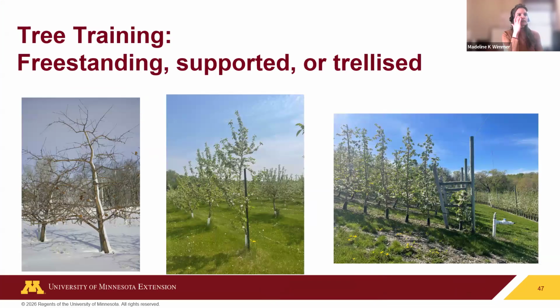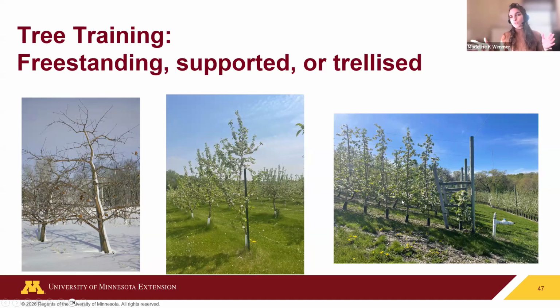And here are again some examples of freestanding trees. Over here on your left, you'll see freestanding trees without any support. Then we have more dwarf-sized trees that are staked, as well as fully trellised trees on what we would call a tall spindle system.